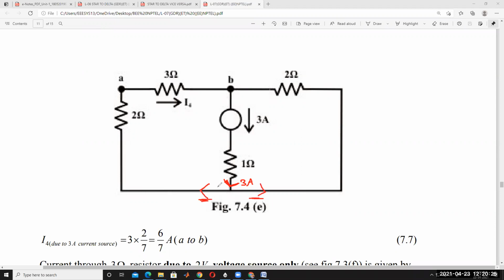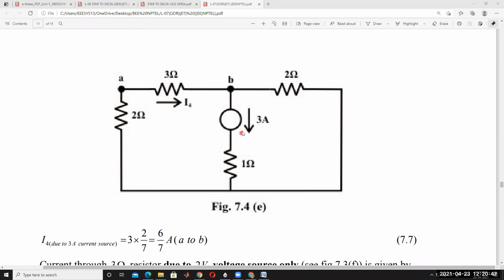Okay, this current is divided into the 2 ohms resistor and the 3 plus 2 ohm resistor, but not the 1 ohm resistor. Understood? The current is not dividing in the 1 ohm resistor. Current is dividing only in this direction and in this direction.